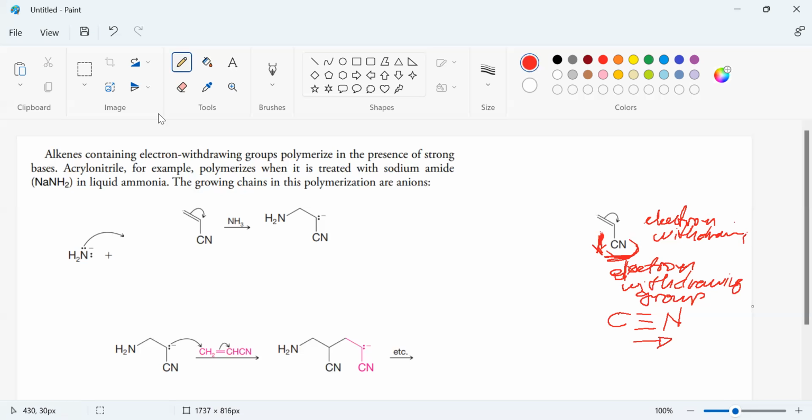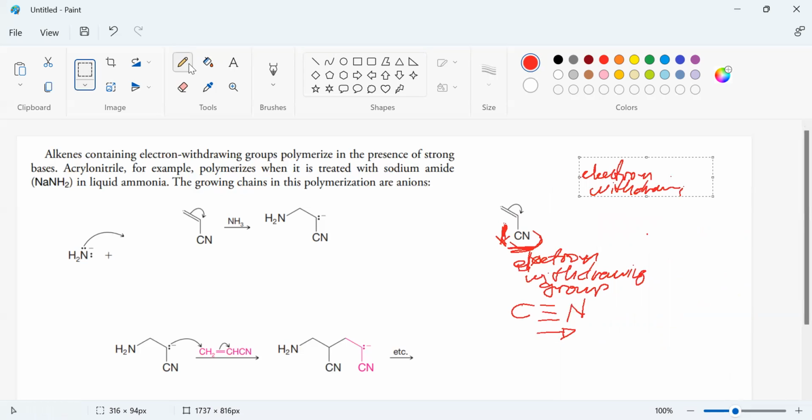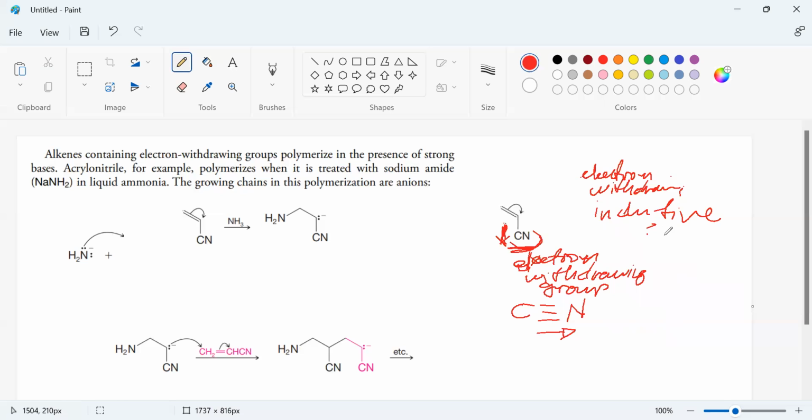We actually have this electron withdrawing inductive effect by virtue of this electron withdrawing group.